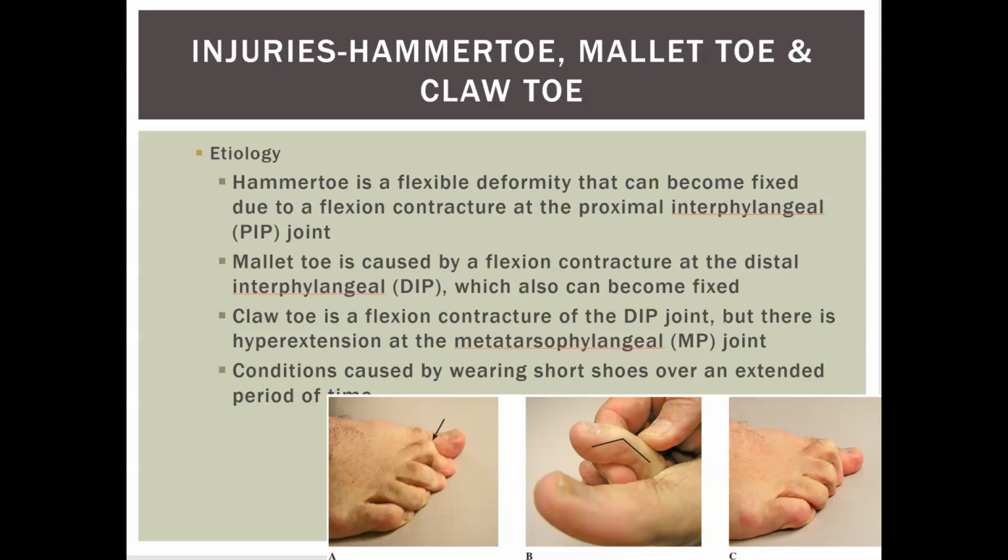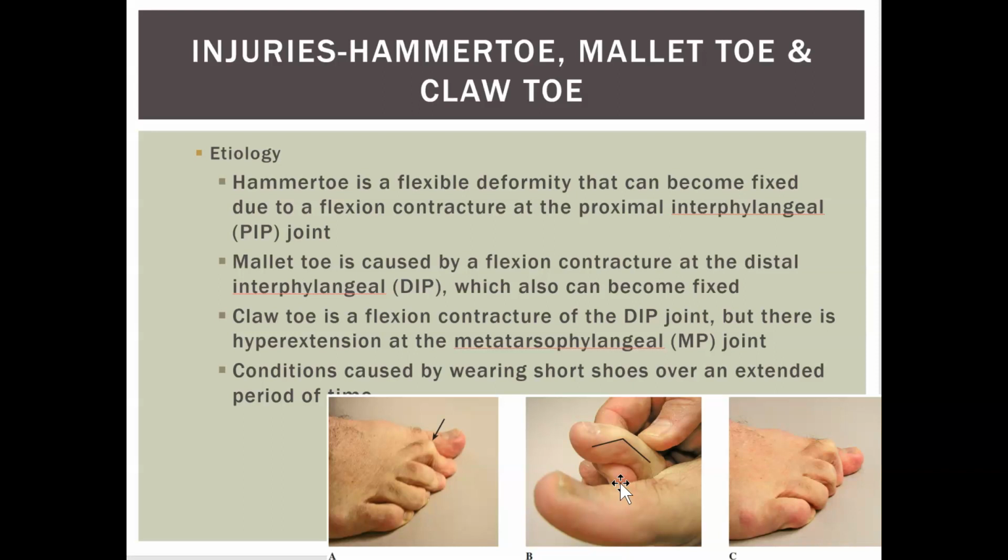So look at letter A. That first PIP joint is completely flexed. B is very similar, except it's at that DIP joint, the distal interphalangeal joint, where it's fixated. And then claw toe is a contracture of the distal interphalangeal joint, but hyperextension at that metatarsophalangeal joint.